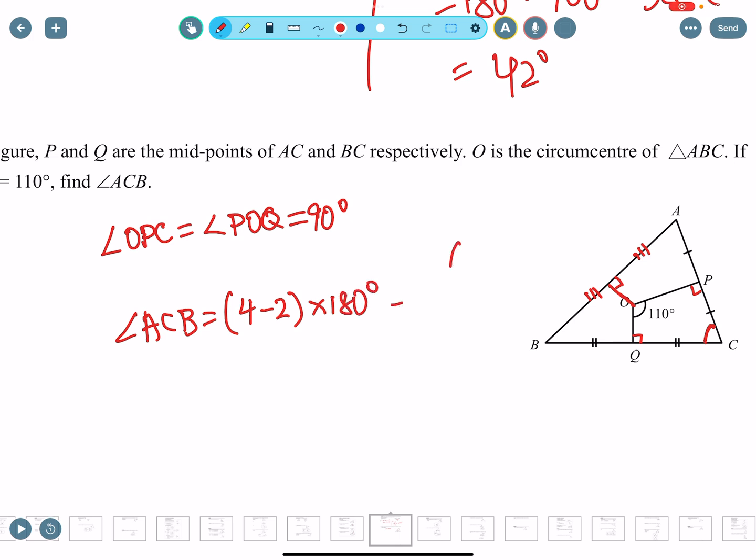So angle sum of polygon, minus all the other angles. So 90, 90, 110. So we have 360 minus 180 minus 110, 70. Angle 70. That is it for this video, and goodbye.